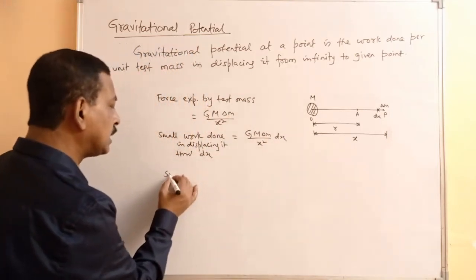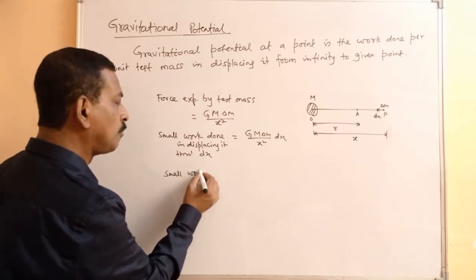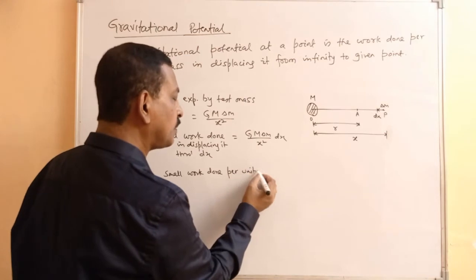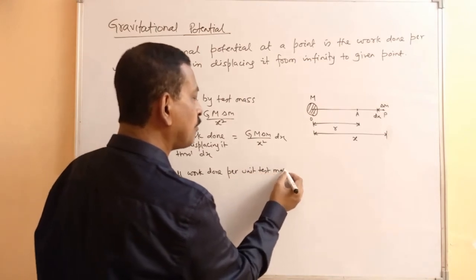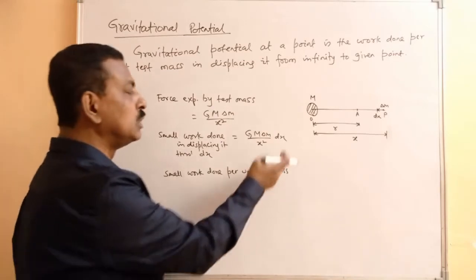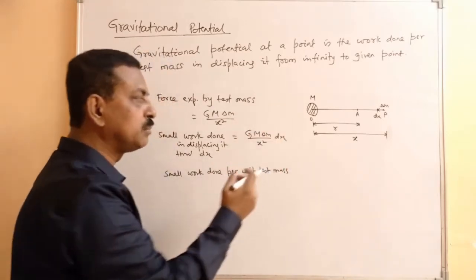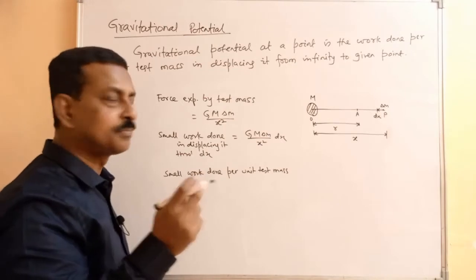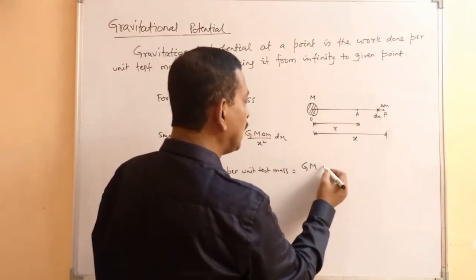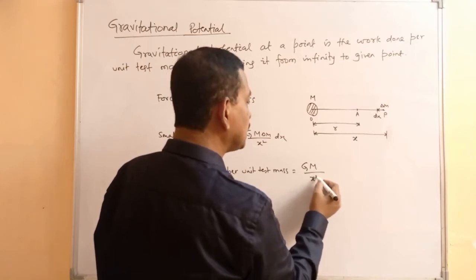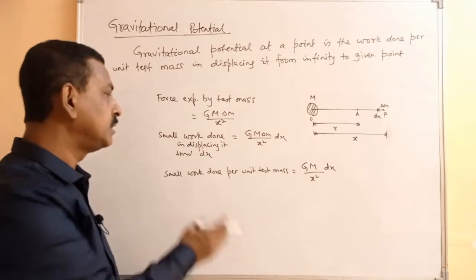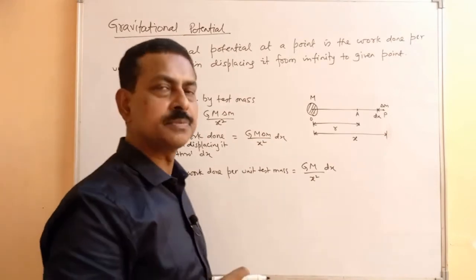So a small work done per unit test mass. So this small work done will be divided by the test mass there. That is the mass of the test body there. So it will be GM by x square into dx. That is the small work done per unit test mass.